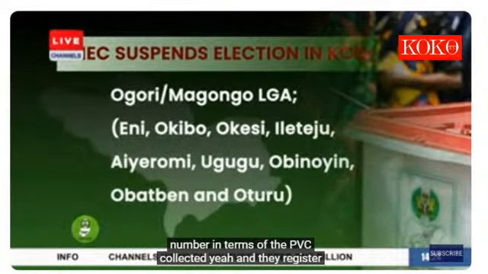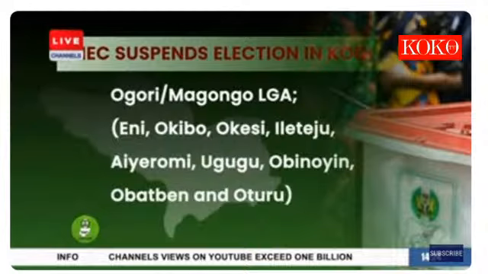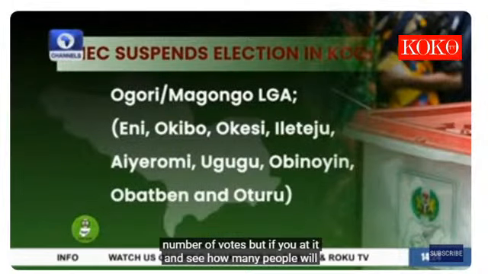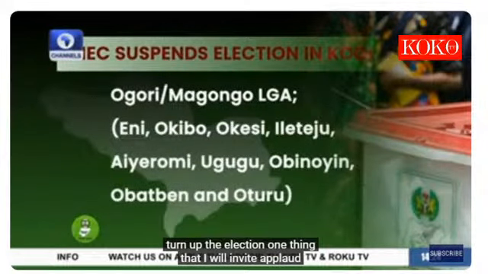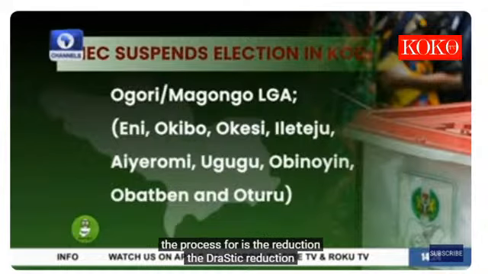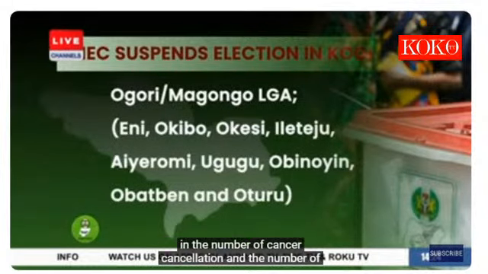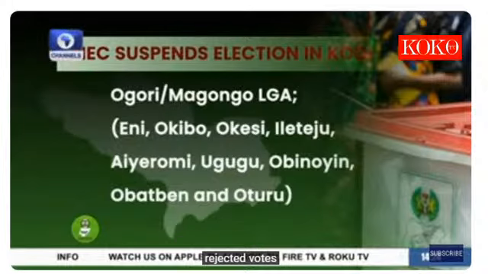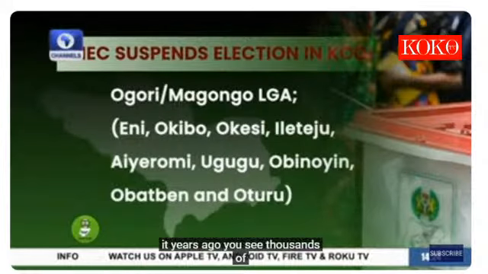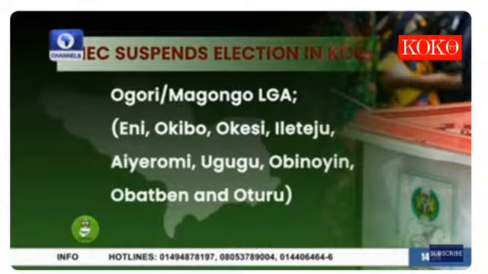But if you look at it and see how many people turned up for the election, one thing that I will, in fact, applaud the process for is the drastic reduction in the number of cancellations and the number of rejected votes. Years ago, you see thousands of cancellations and rejected votes, but it's very much reduced.